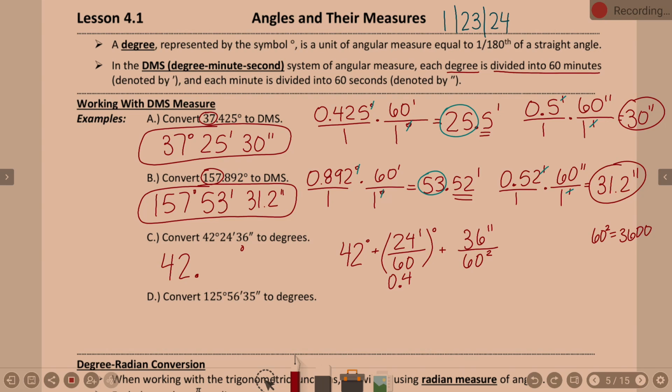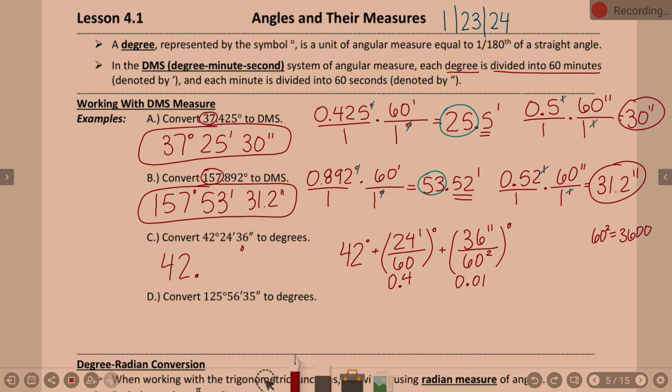Why are we dividing it by 60? Because if you take seconds and divide once by 60, it's going to take us back to minutes. And we're trying to ultimately just get to degrees. So 36 seconds divided by 60 squared, or by 3,600, is going to give you what? 0.01.